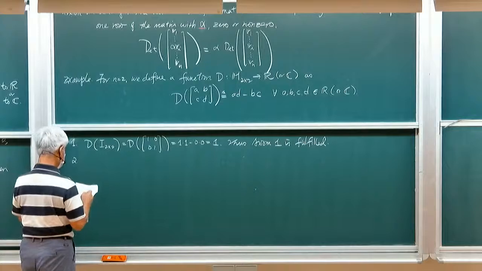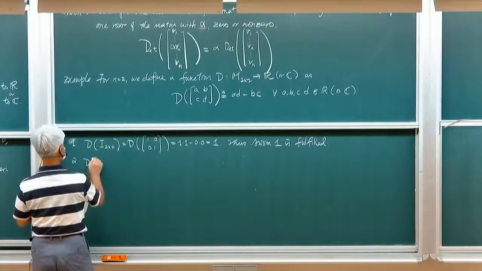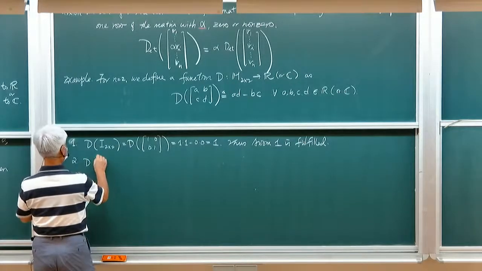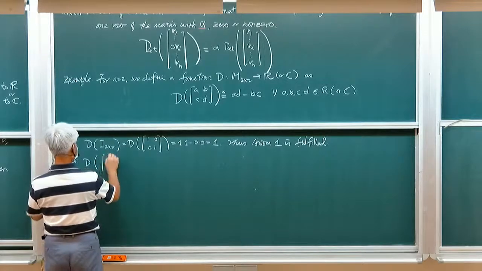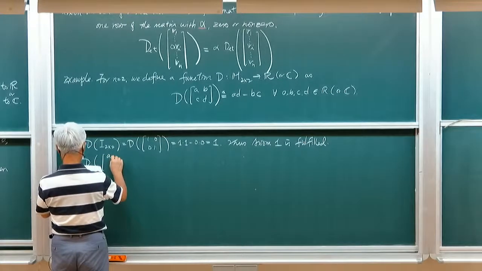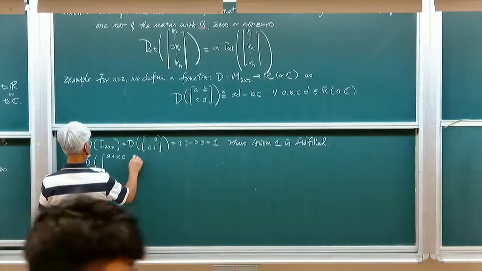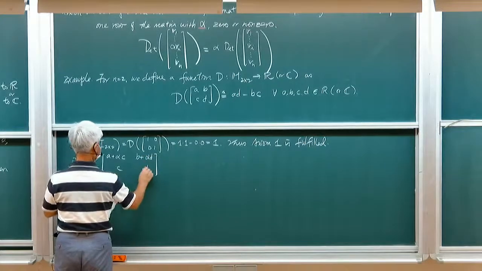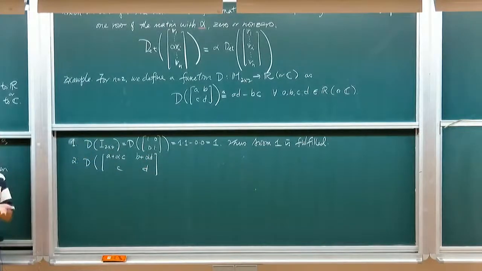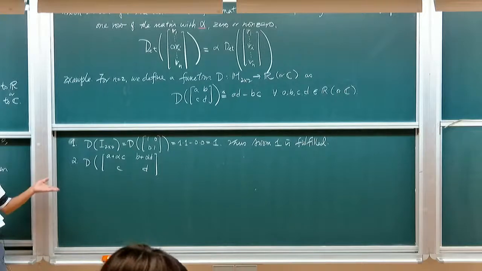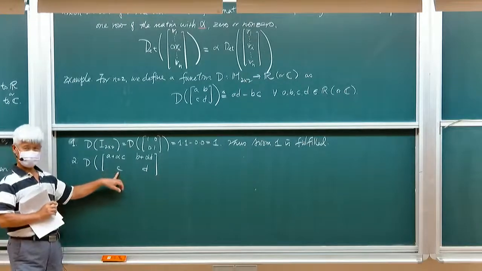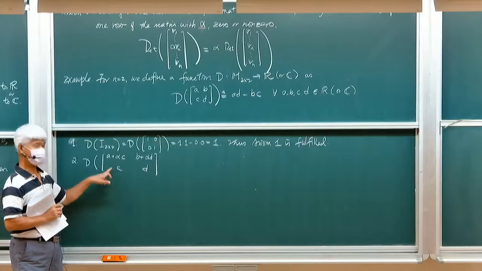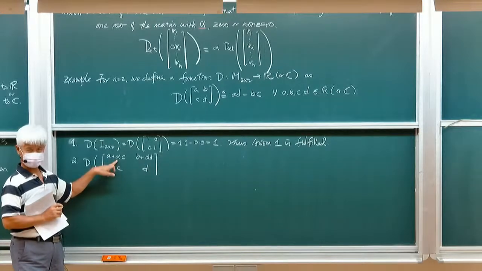Second, if we do the replacement row operation here, we add a multiple of the second row to the first row, right?